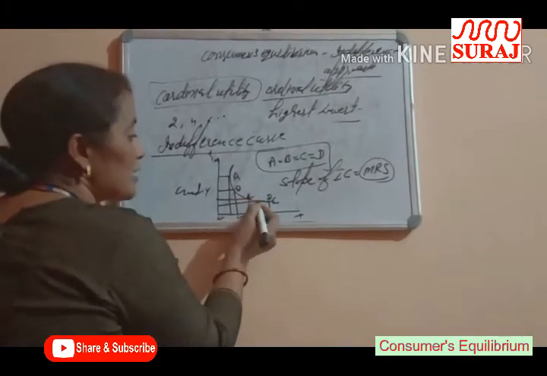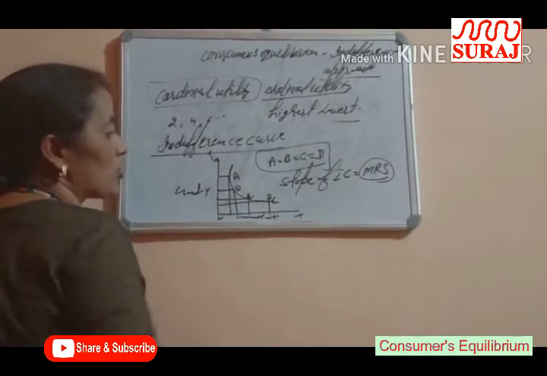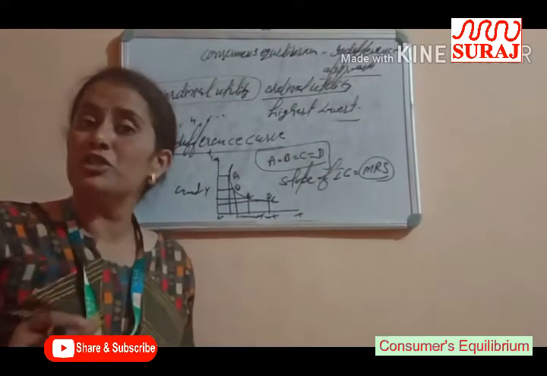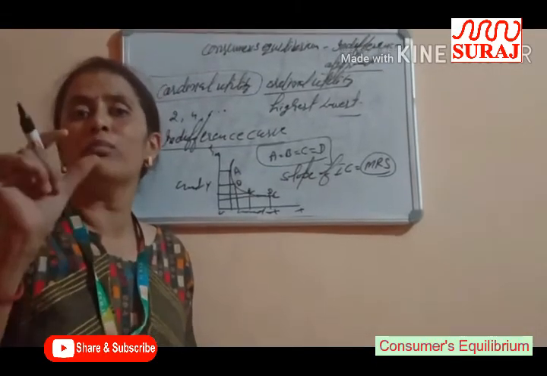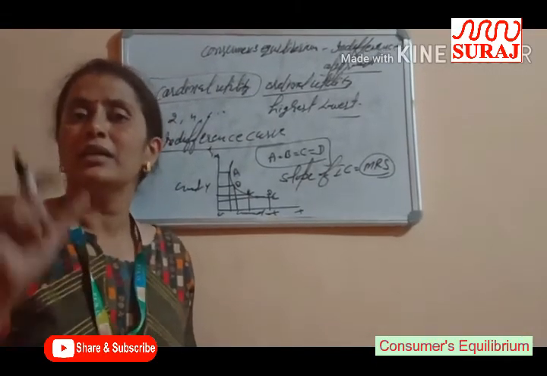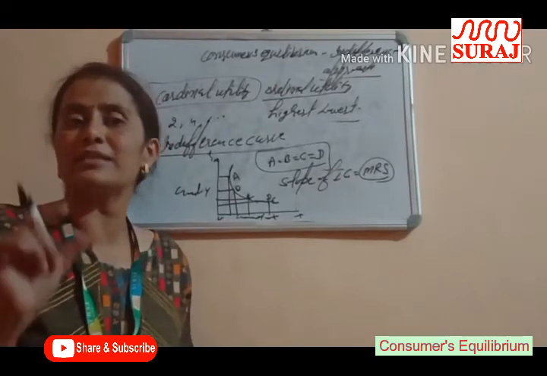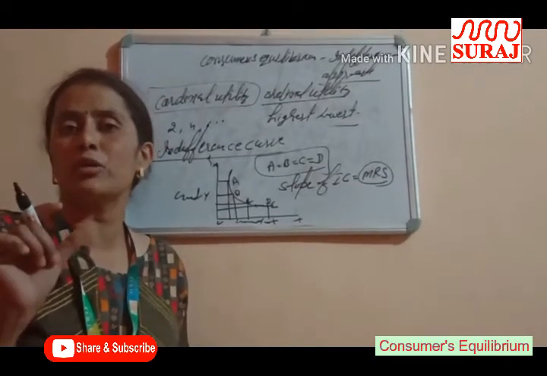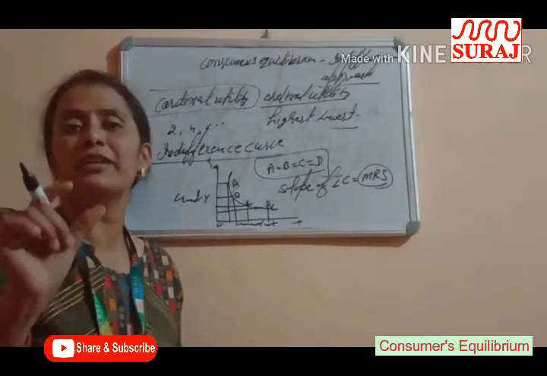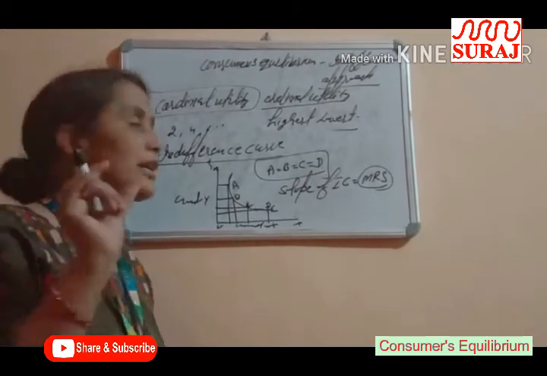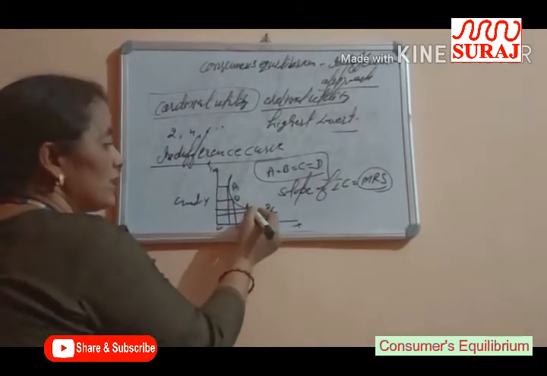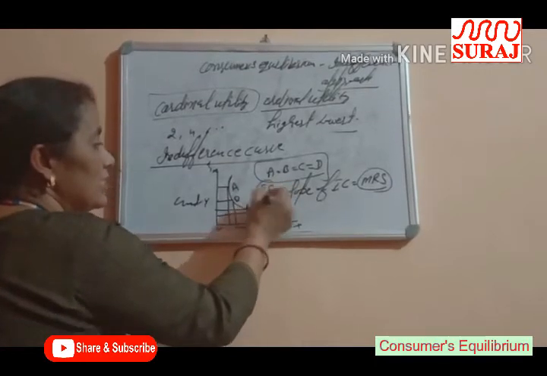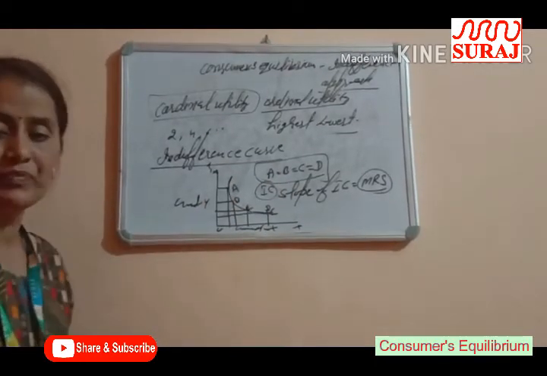So the IC depends on the diminishing marginal rate of substitution. As the consumer consumes more and more units of one commodity, he can sacrifice less and less units of another commodity, and for every additional unit the marginal rate of substitution continuously declines. So this is the indifference curve.